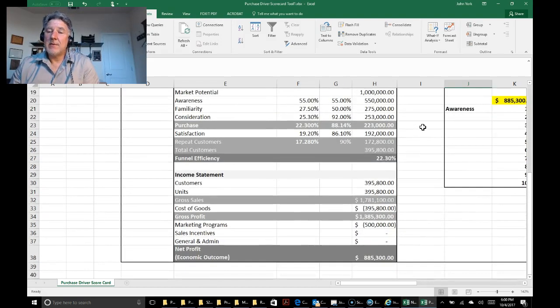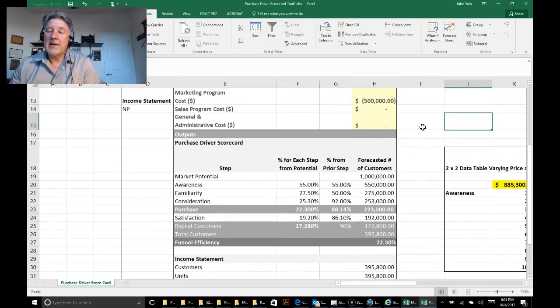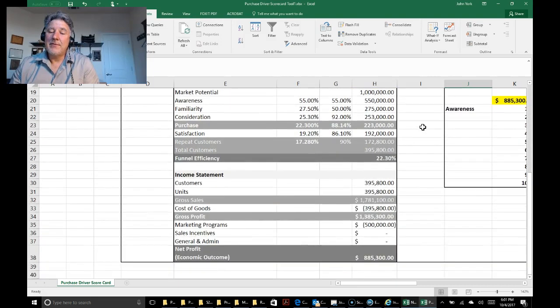You can add in, I'm going to improve awareness by X%. That's going to cost me $100,000. And now you can look at not only the impact on the forecasted number of customers based on funnel conversions at each of the steps, but all the way down to gross and net profit. Okay, I hope this helps you out.